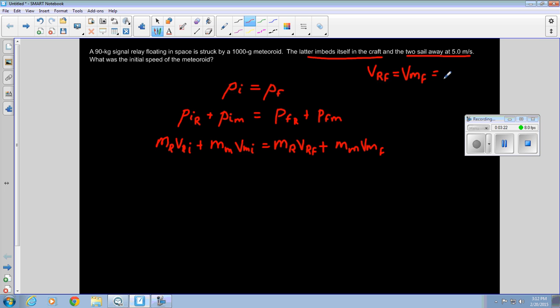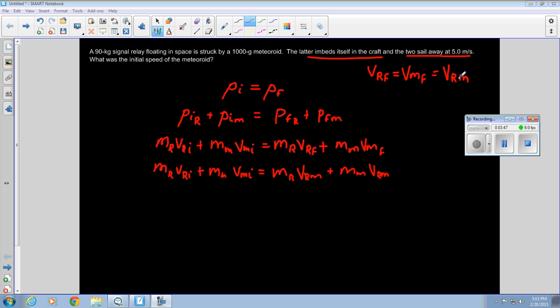A lot of times people will just call it a new term. Some people will call it velocity Rm because you have the relay and the meteoroid together. So let's call it that. We're just calling it a new term, and we can plug that in for both of them and rewrite our equation.